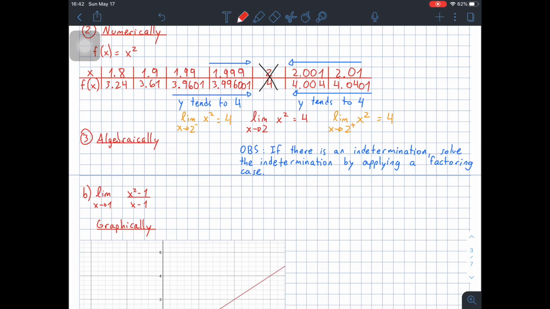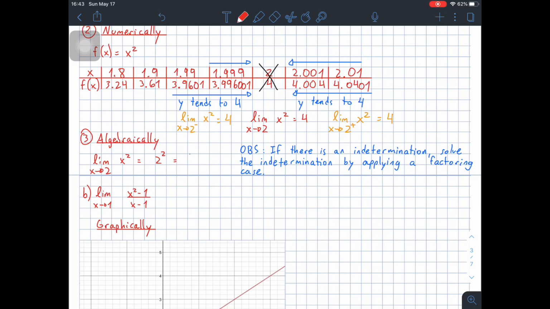We're going to write the limit of x squared when x approaches 2 is equal to, and we just replace this value 2 into this function, and we see what value we obtain. So this is 2 squared, and this equals 4.